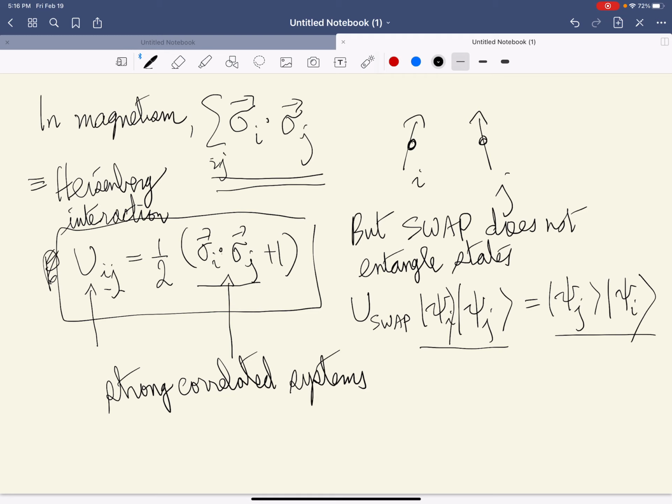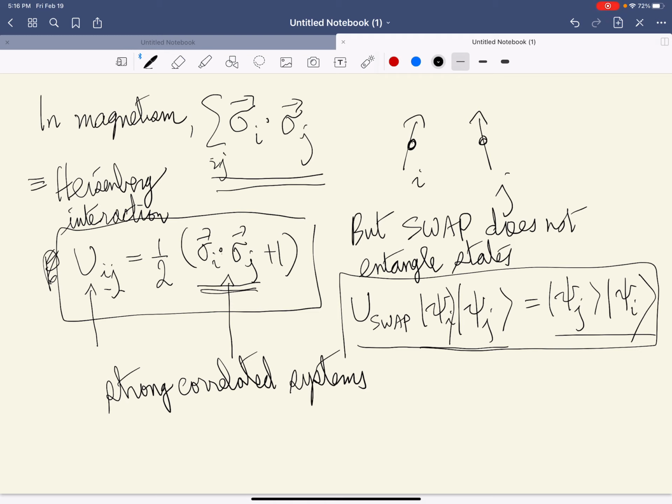So it's a very complex problem, but it's not necessarily a complex problem from the entanglement perspective. As you can see from this simple observation that the swap operation is equivalent to the Heisenberg interaction, and swap operation is not an entanglement changing or entanglement creating operation at all.